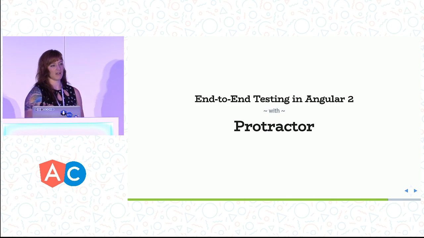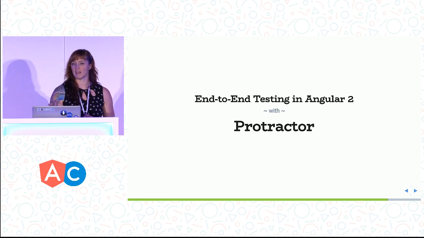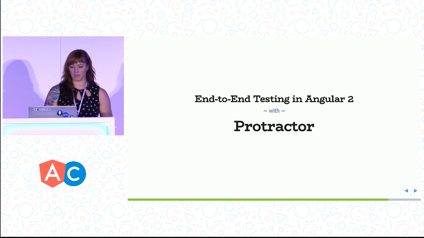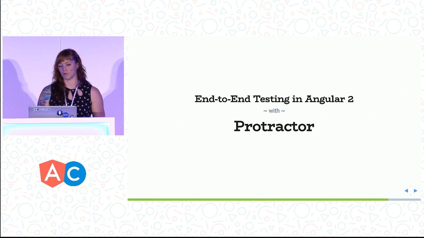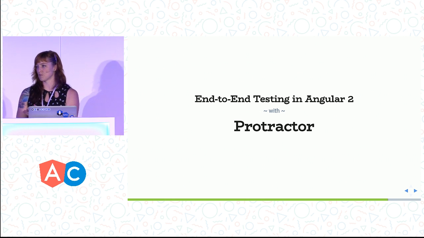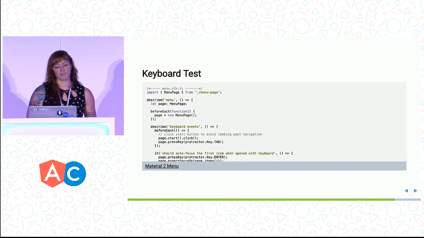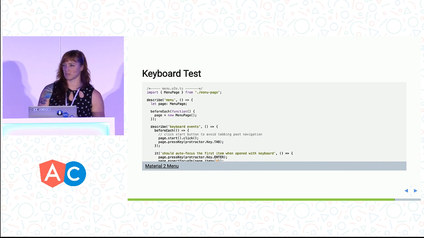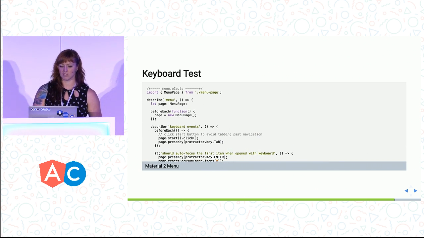So you do still have integration tests and end-to-end tests, which are basically the same thing, using Protractor. So instead of having unit tests, you can still ensure that your application is usable to someone with a keyboard, which the keyboard case covers a lot of the screen reader case, just to make sure that you can actually reach everything programmatically. An example of a keyboard test in Protractor with Angular 2 is the Material2 menu.